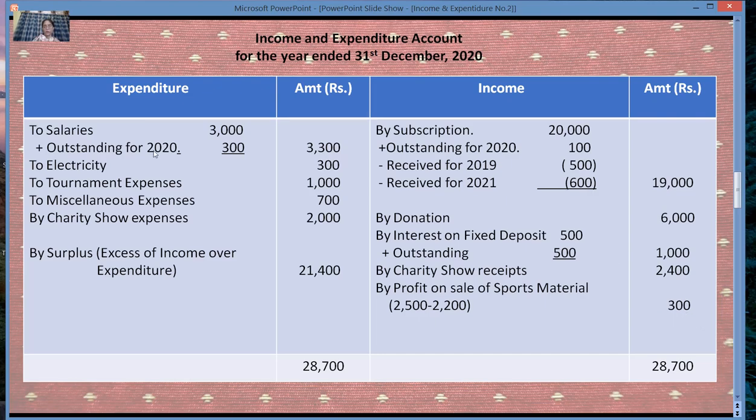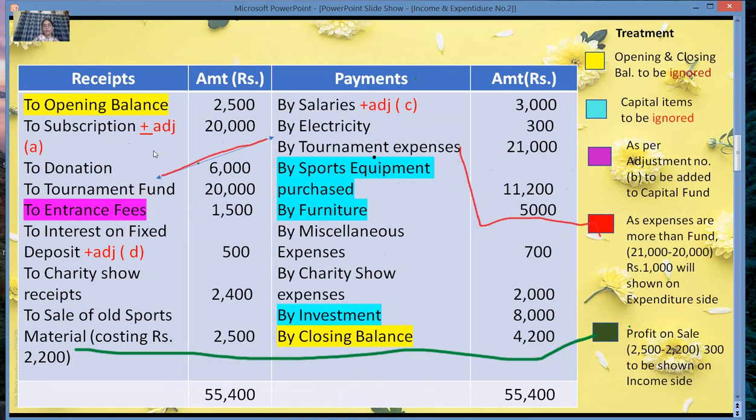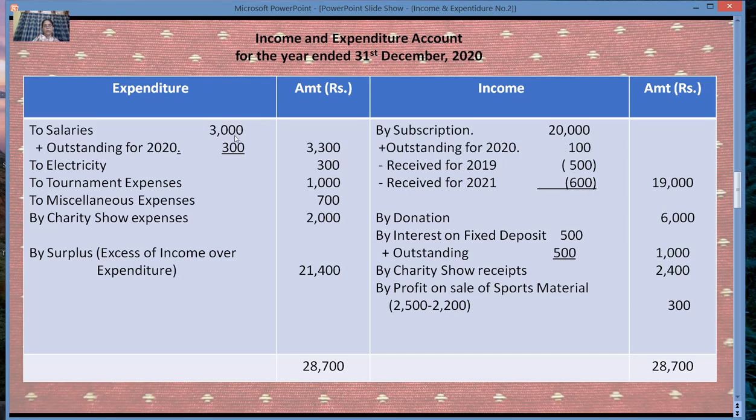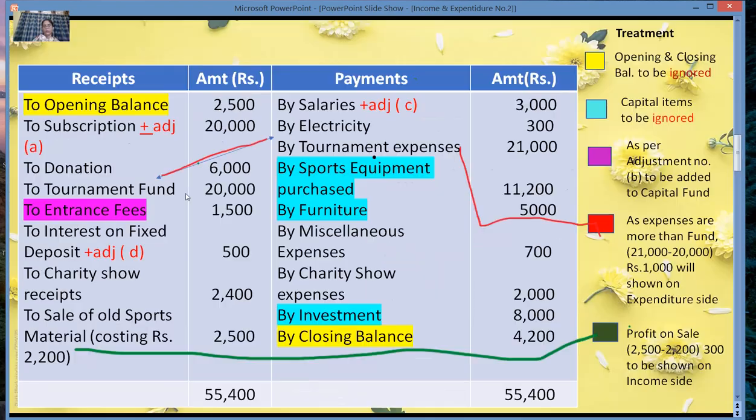Now coming to your expenditure side, we get this information from your payment side. By salaries and by electricity: salary had an adjustment, outstanding 300, so 3,000 plus 300 is 3,300. Electricity is 300. For tournament expenses, there was a fund of 20,000 and expenses of 21,000, so we show 1,000 on your expenditure side.